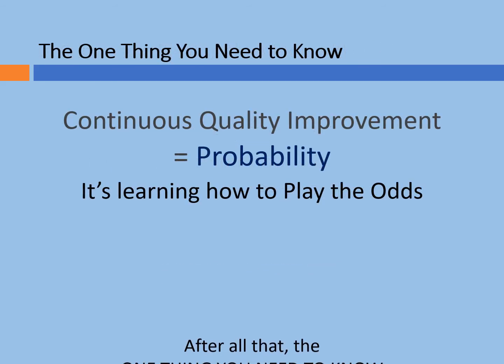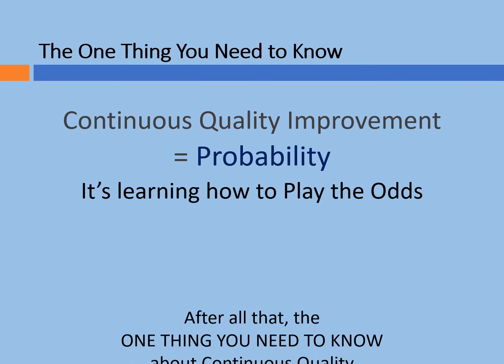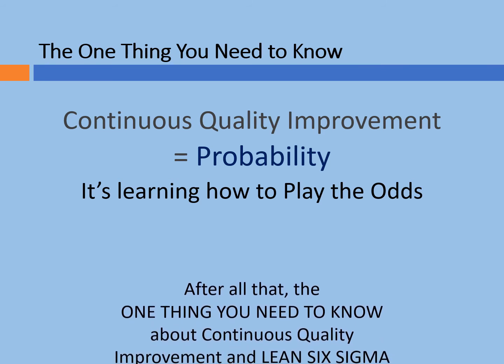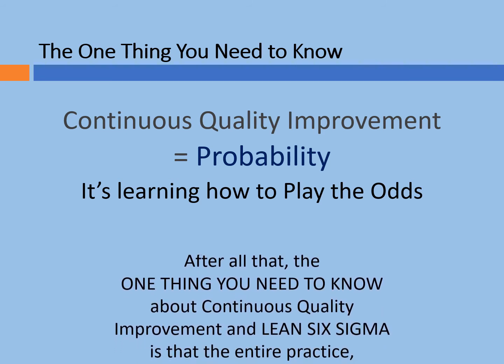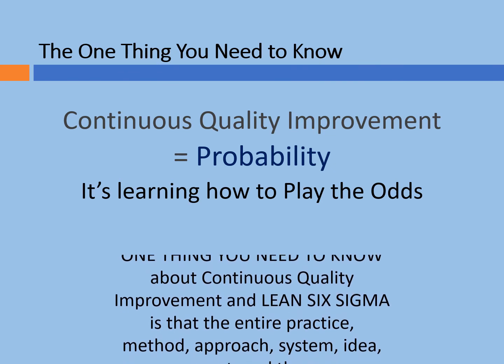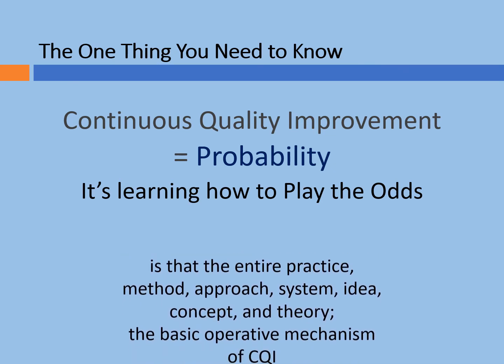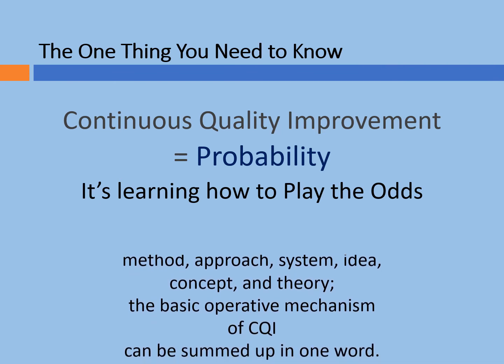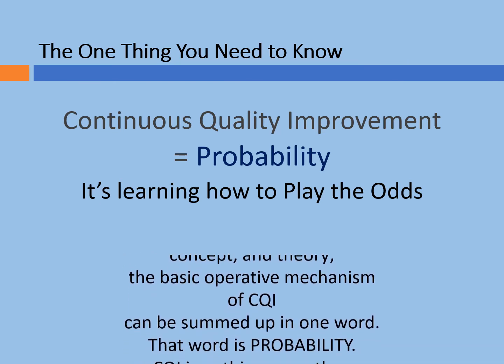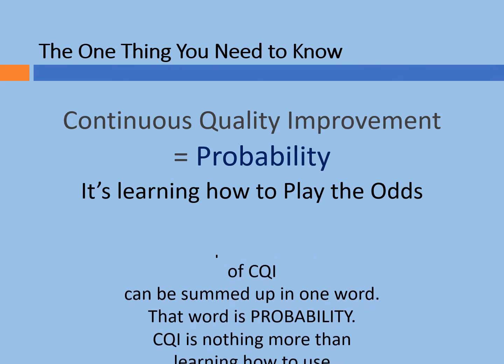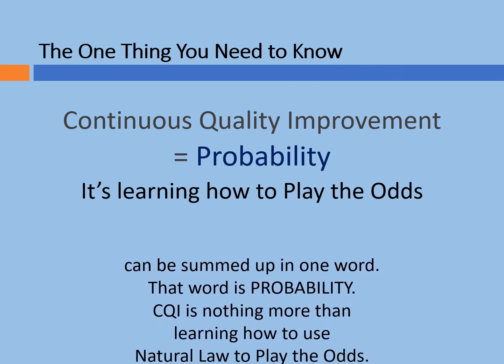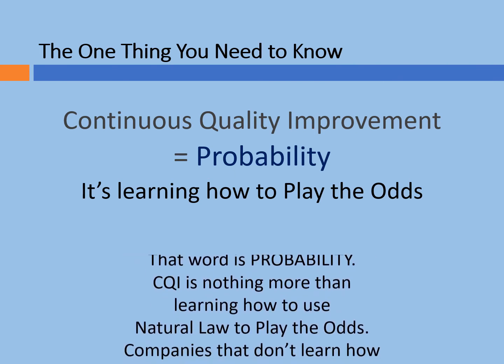After all that, the one thing you need to know about continuous quality improvement and Lean Six Sigma is that the entire practice, method, approach, system, idea, concept, and theory, the basic operative mechanism of continuous quality improvement, can be summed up in one word. That word is probability. Continuous quality improvement is nothing more than learning how to use natural law to play the odds.